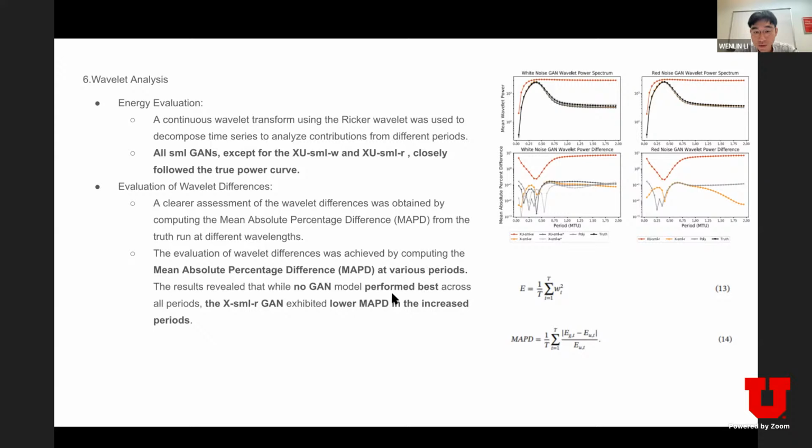So no GAN performs best across all periods. We only see this small red GAN, this one, has the decreased tendencies. So lower MAPD means higher accuracy.